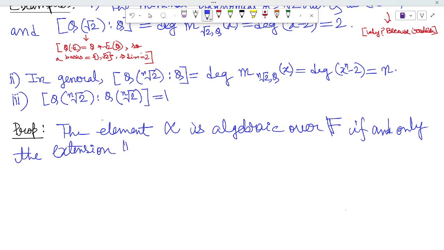It is a field extension: I am attaching alpha and constructing the field F(alpha) over F.